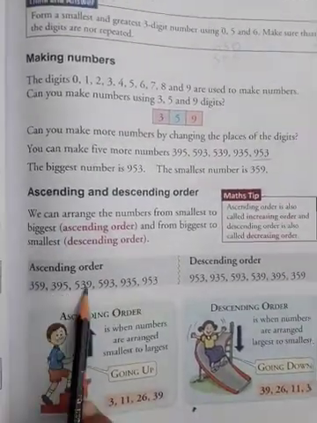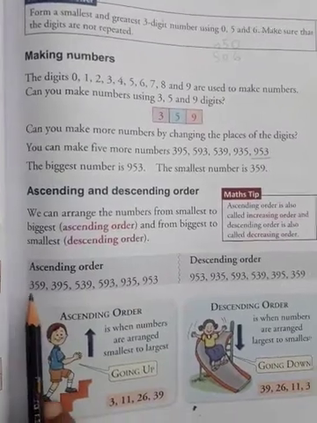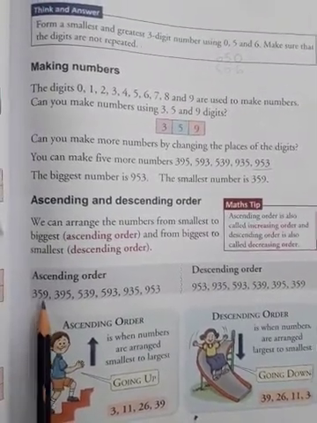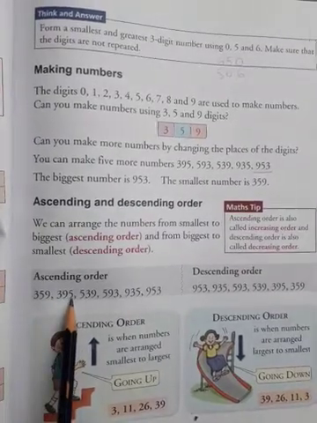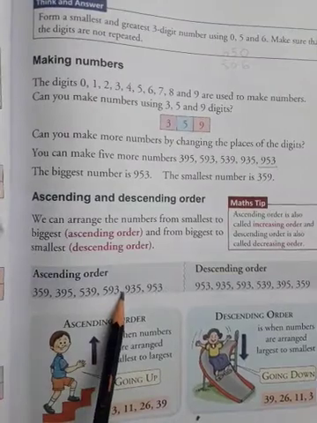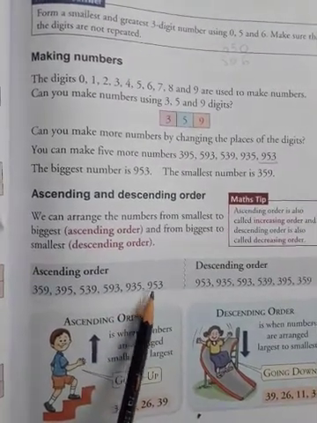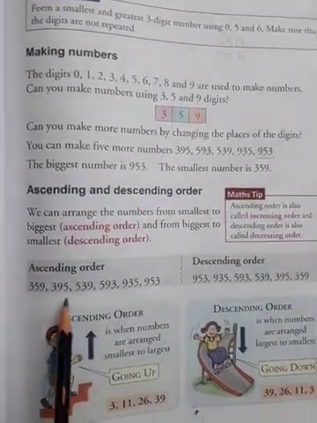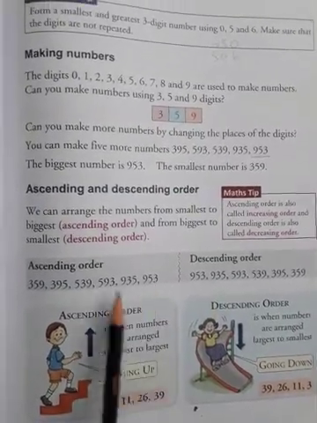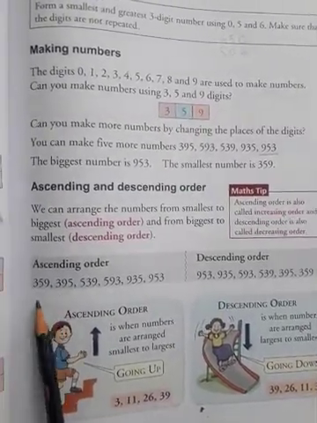Okay, ascending order. Here you can see the ascending order: 359, 395, then 539, 593, 935 and 953. This is the arrangement from smallest to biggest.